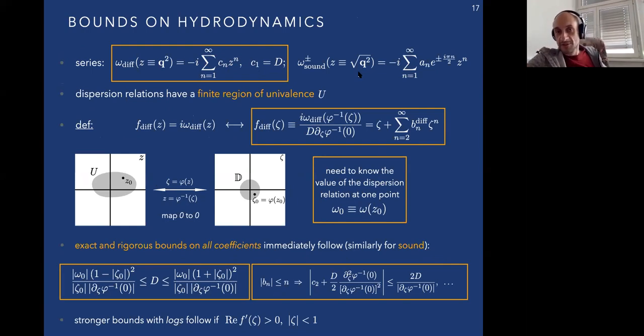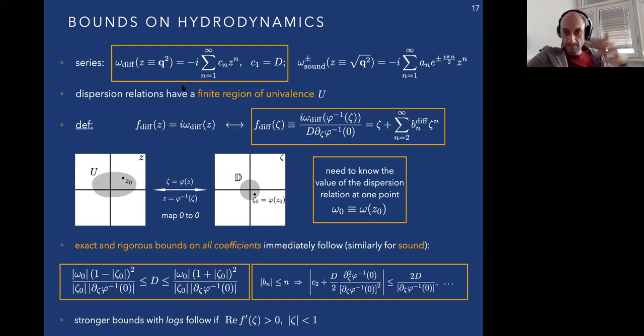So basically one can do the same thing to both types of series, but let's just focus on diffusion for some reason. So it's easy actually to see that a diffusive dispersion relation and the sound dispersion relation will always have a finite region of univalence. So it's very easy to see this. At the origin, they're univalent because they're Puiseux series.